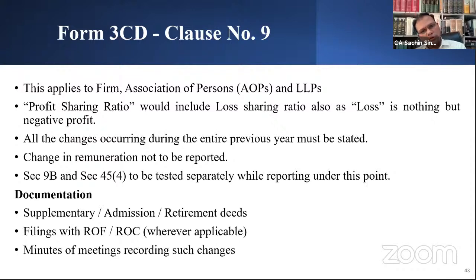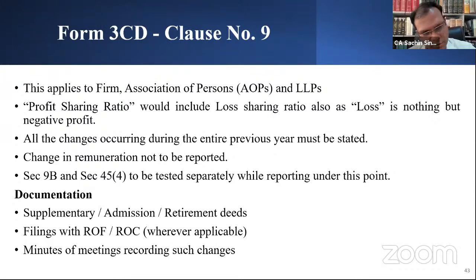So now try to understand, since there is a change in profit sharing ratio, from the previous year 2021, new section 9B and 45(4) were inserted, which says that if there is a change in profit sharing ratio, then it will be considered as a reconstitution.